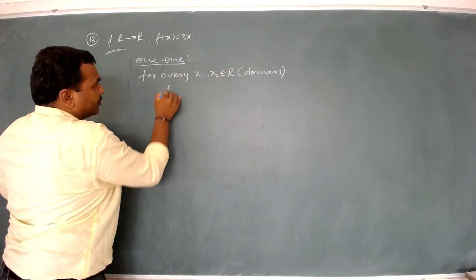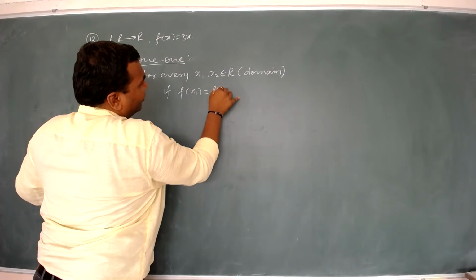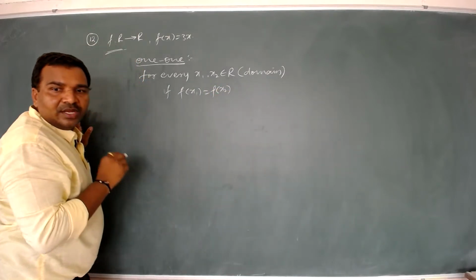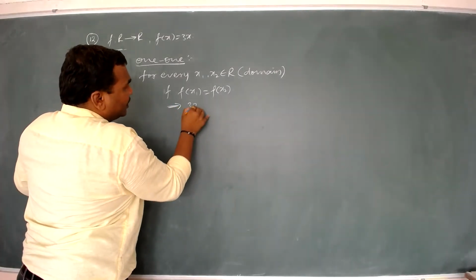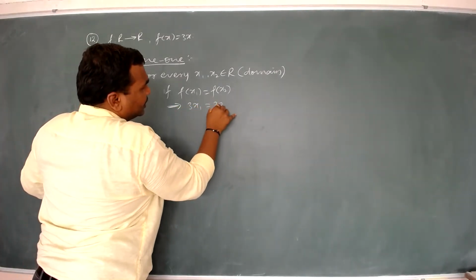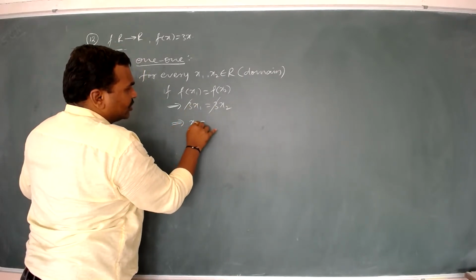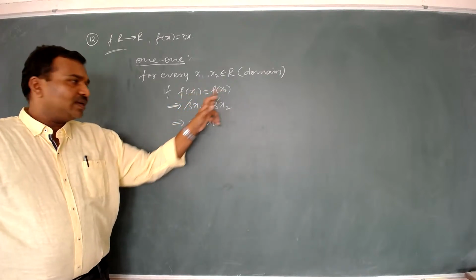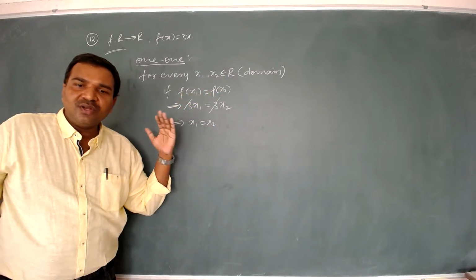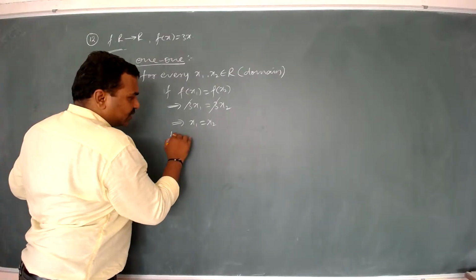If possible, f of x1 equal to f of x2. What is f of x1? 3x1. f of x2 is 3x2. By simplifying, we get x1 equal to x2. So f of x1 equal to f of x2 implies x1 equal to x2. Therefore, f is clearly 1-1.